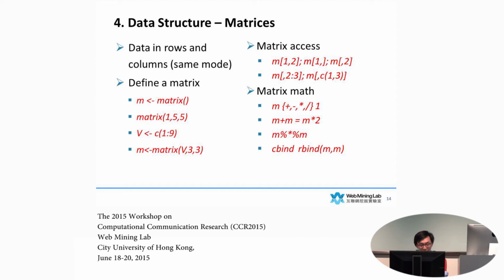I will show another useful function to combine 2 matrices. For example, here is a matrix with 5 columns and 5 rows. I want to use cbind, column combine. That means we combine the 2 matrices by columns, and we add 4 more columns here.